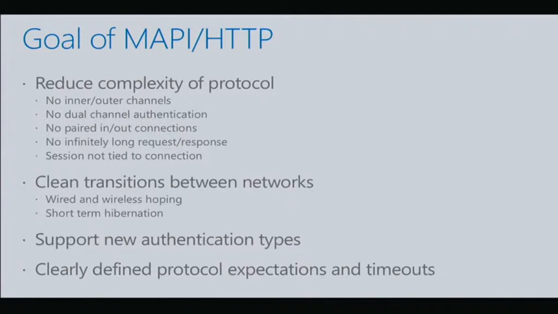And also, we needed the ability to support new authentication types. Now, I don't really know what those are, but there are new ones, I guess. In the RPC over HTTP world, the OS kind of did it for us. We would pass in a set of credentials, or just use the context of the user who's authenticated on the machine to establish the connection underneath us.